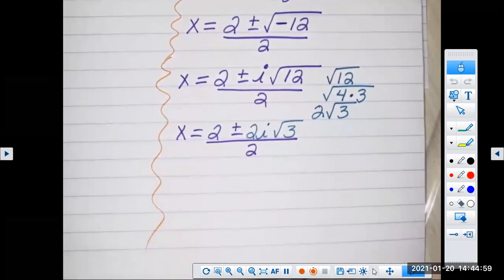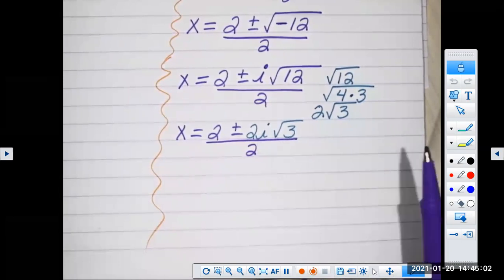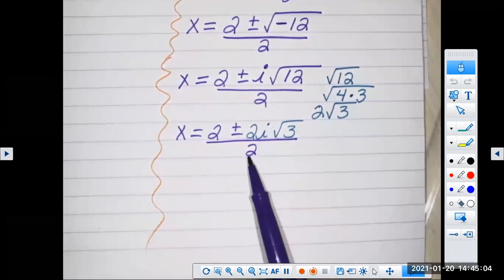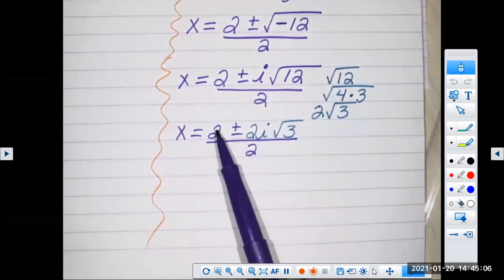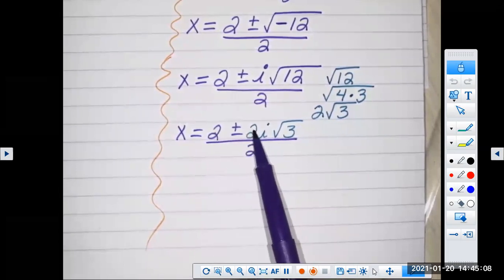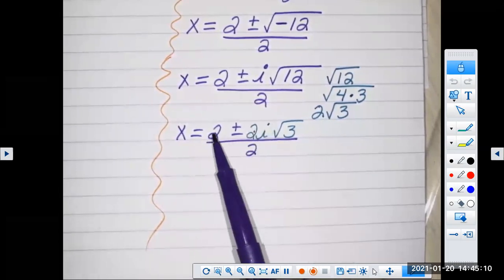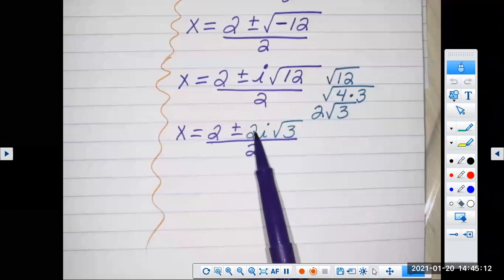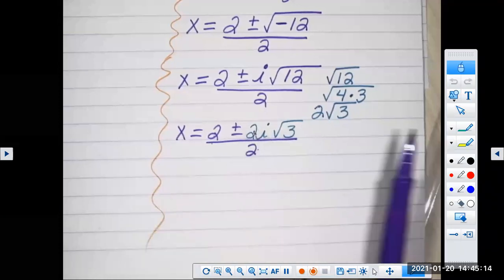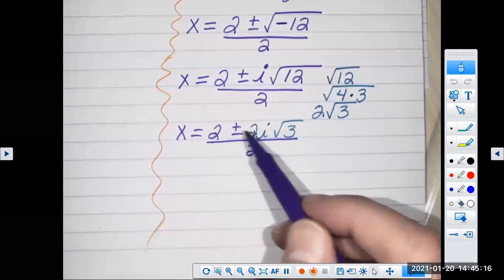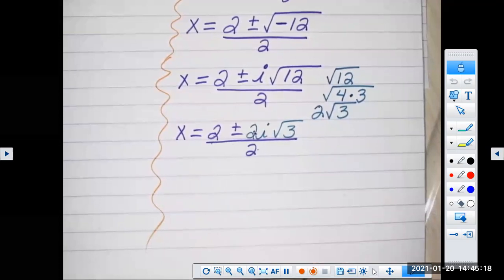Last thing you have to double check, can the number on bottom divide into the numbers on top? Or will the numbers that are all outside the radical reduce? 2, 2, and 2 have a common factor of what? 2.